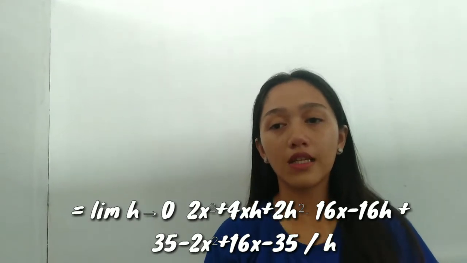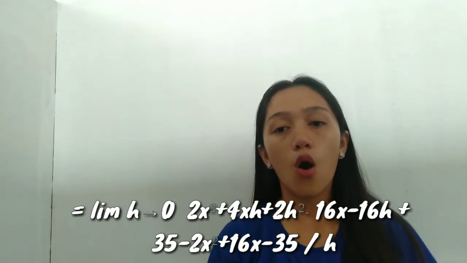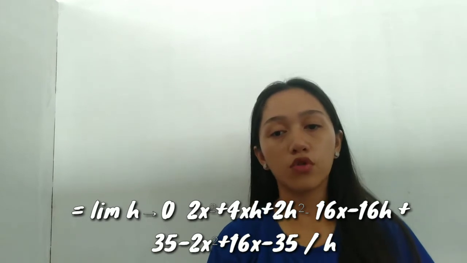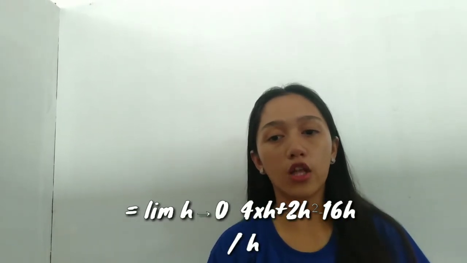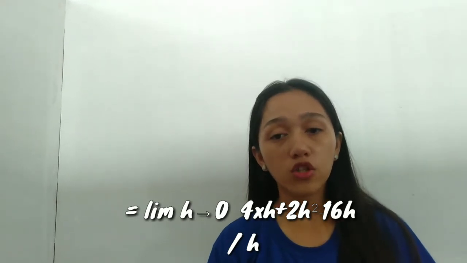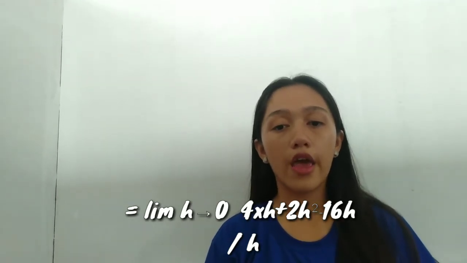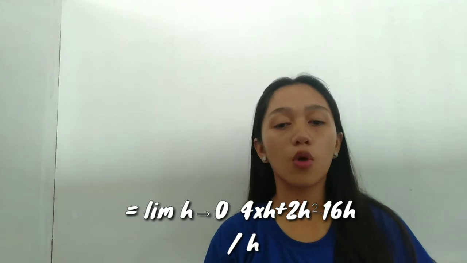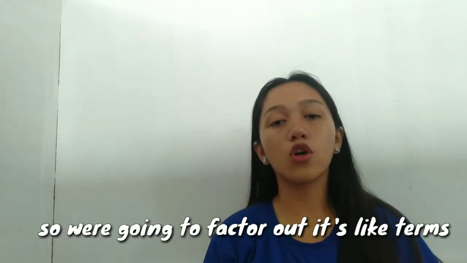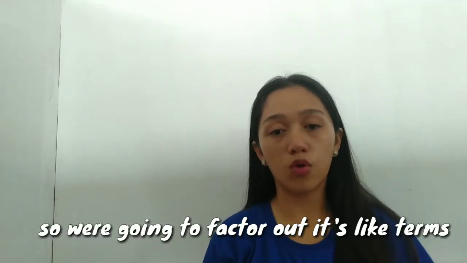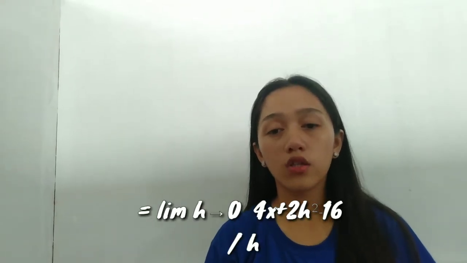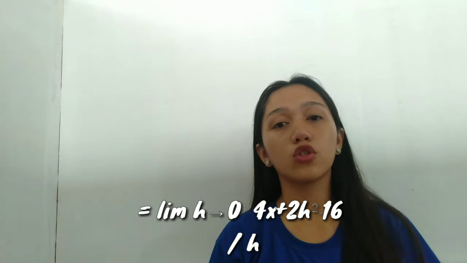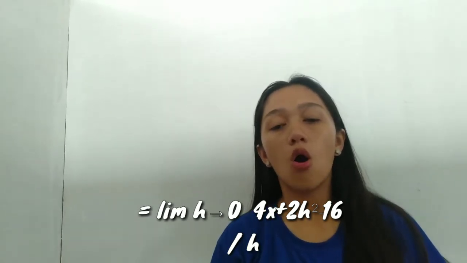2x squared plus 16x minus 35 all over h as h approaches 0, equals limit of 4xh plus 2h squared minus 16h all over h as h approaches 0. So we're going to factor out its like term, and the result is limit of h times 4x plus 2h minus 16 all over h.